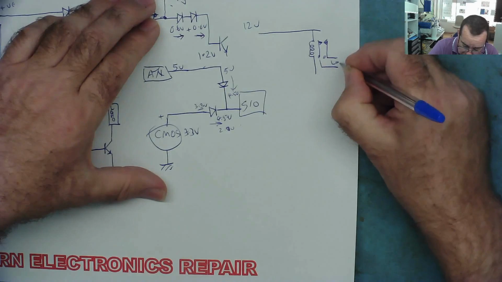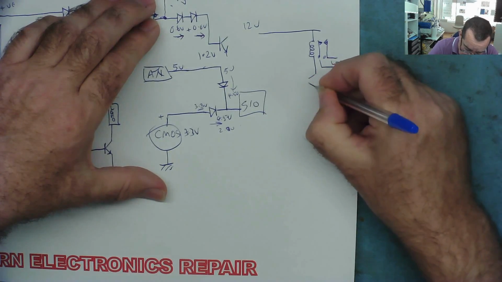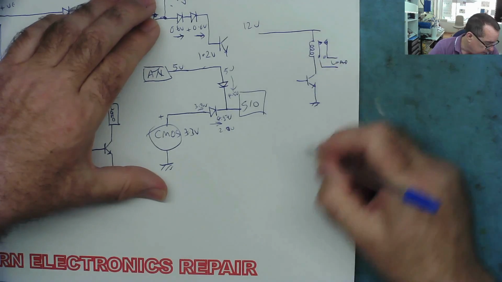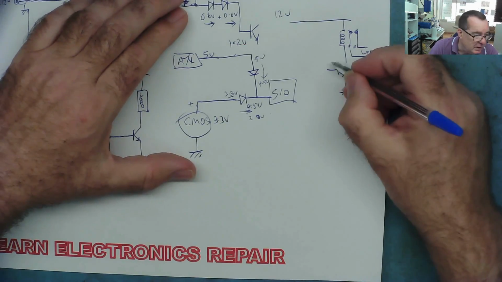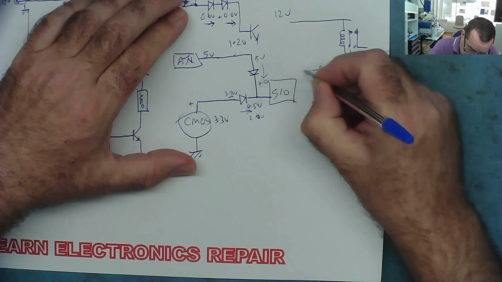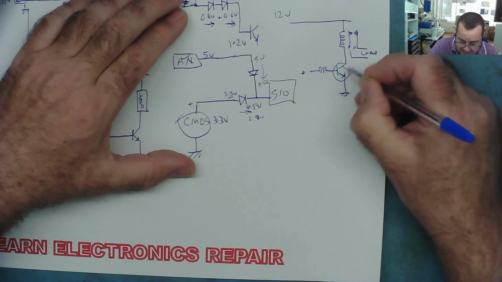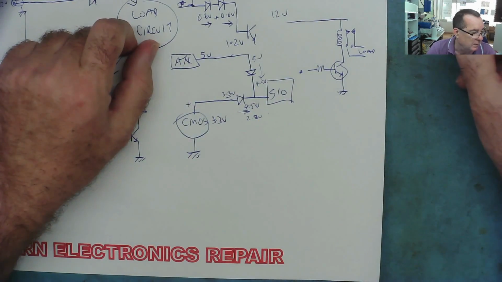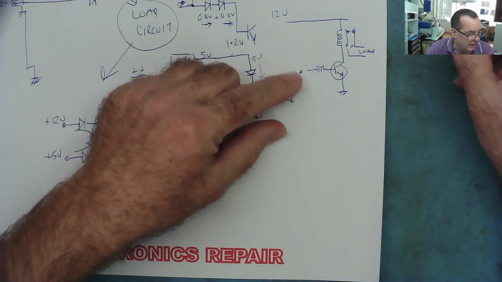And this goes to your load. So we'll power this with a transistor, again, to ground, base. And to turn this on, we put some voltage on the base. So when we put some voltage here through a resistor, this turns on, the relay contacts close, and it switches the load on.